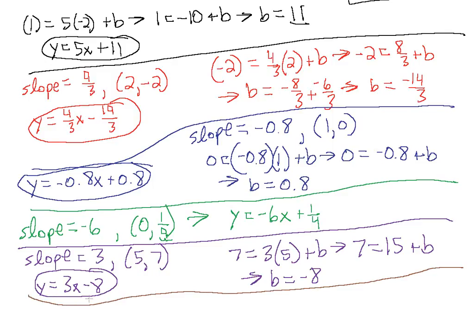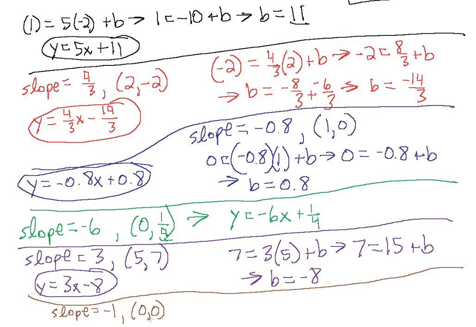Okay, let's do a couple more of these, just trying to get a good hang on it. Let's say we're given the slope of the line is minus 1, and it passes through the origin, so 0, 0. Here we can see that our line passes through the origin, so we know the y-intercept. Again, we saw that our x value is 0, so our b value is just the y-coordinate.